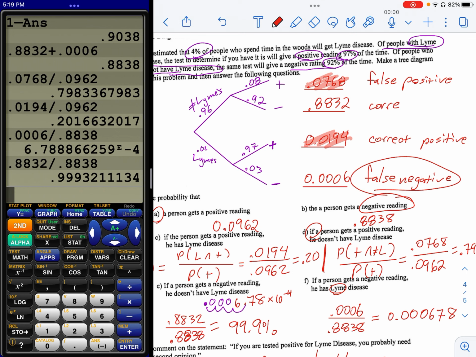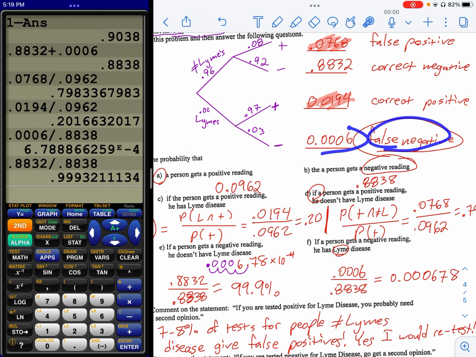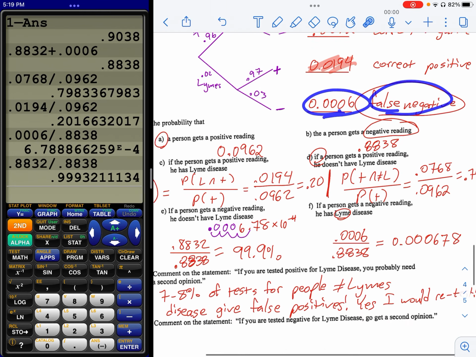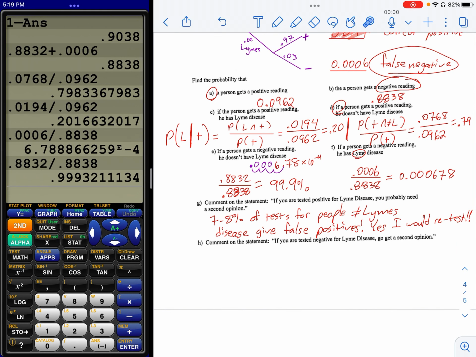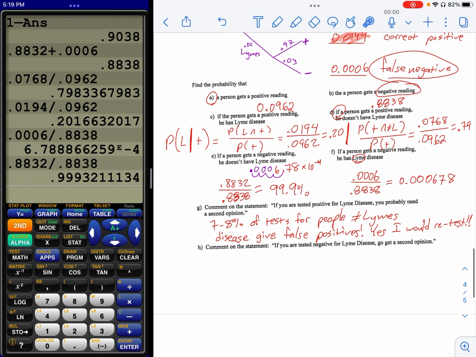This one here is a correct negative. So again, the false negative and the false positive is the one we're looking at. The false positive is really high, 7 or 8% of the time. This false negative is pretty much zero. So I would be pretty darn confident that false negatives do not happen. Okay.